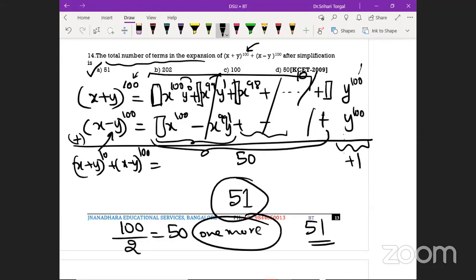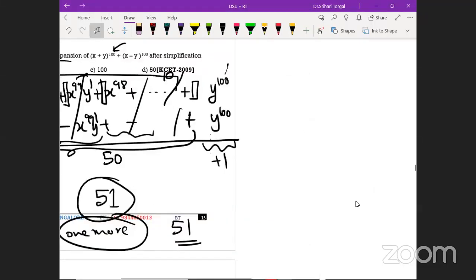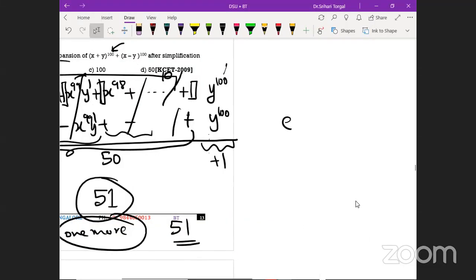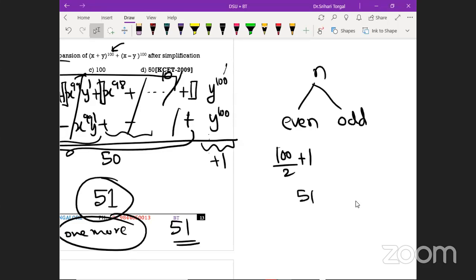If this is the formula when the power is even, when the n value is even, you divide that by 2 and add 1, that is 51.